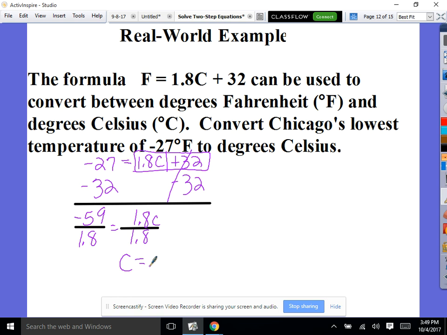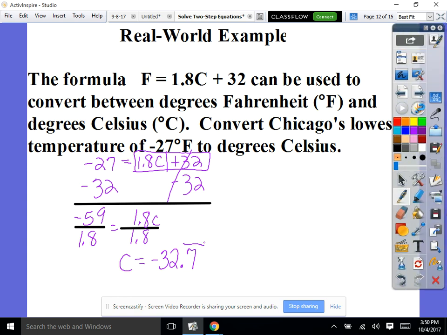So we are saying negative 59 divided by 1.8 equals, and it actually equals negative 32.7 repeating. So take some time, pause the video, and write that down.